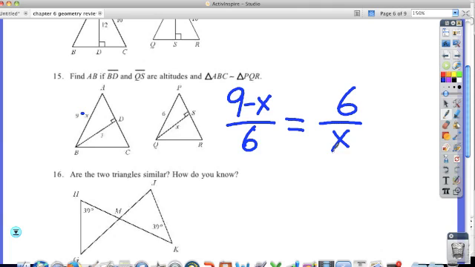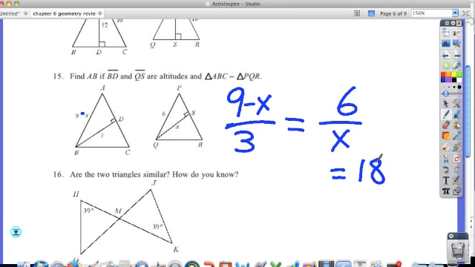Is it the 6? What is this? 3. Oh, I can't read, sorry. Okay, so 9 minus X over 3. It's too blurry up here, I can't see it. Oh, there it is. Okay, so when I cross multiply, I definitely get 18, right?